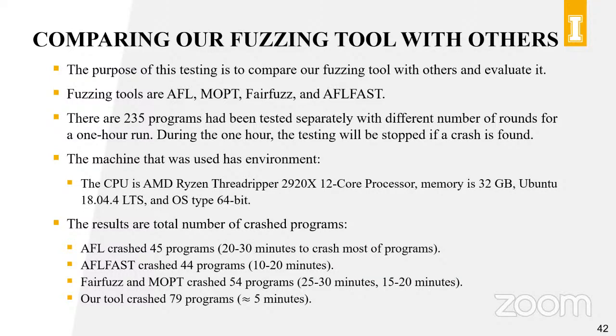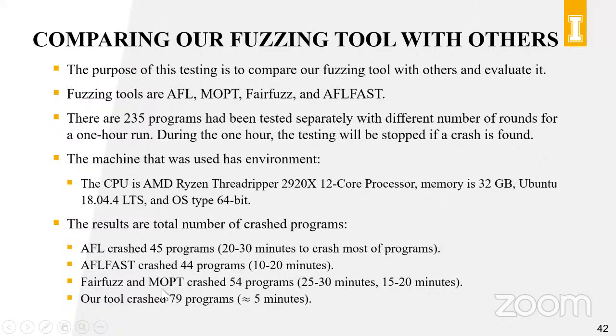So the result after testing, the total number of crashed programs: AFL crashed 45 programs in approximately 20 to 30 minutes, and AFLFast crashed 45 programs and found most of the crashes between 10 to 20 minutes.